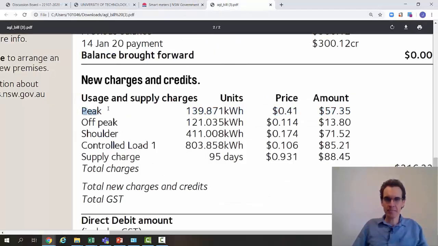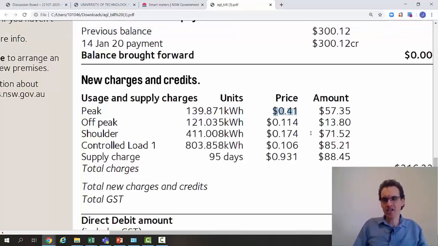you can see here that the peak rate that I'm charged is 41 cents per kilowatt hour during the peak time. And the peak time is from 2 p.m. to 8 p.m. Monday to Friday. So if I have a housemate that gets up later in the day, plays video games on a massive screen TV from 2 p.m. to 8 p.m., they are, of course, going to use a lot of electricity during the peak time, which is going to incur a much higher cost than what it would be in the off-peak time or the shoulder rate period.